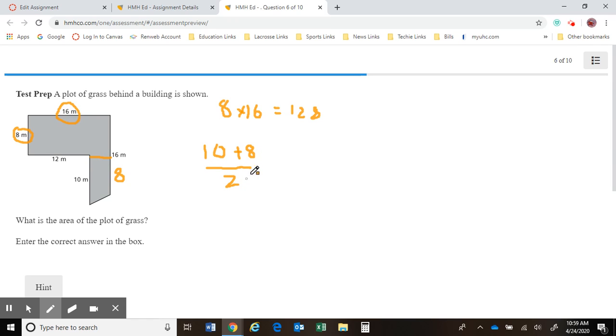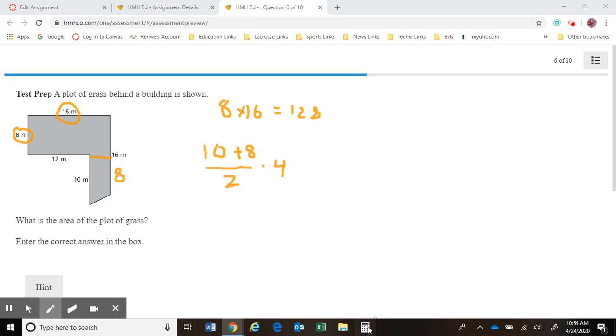But I need to know what the height is. What is this distance right here? Well, this whole distance is 16, and from here to here is 12. So I just go 16 minus 12 to get the height, which is 4.